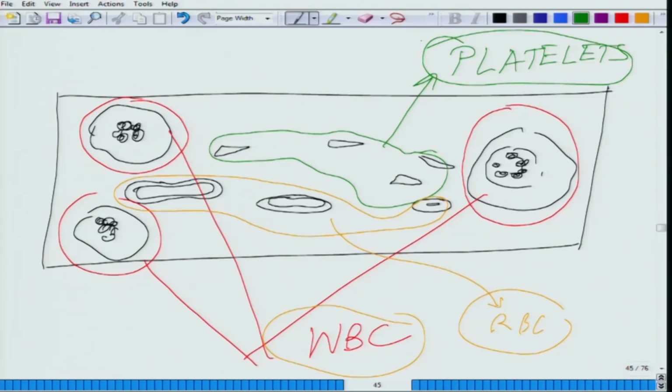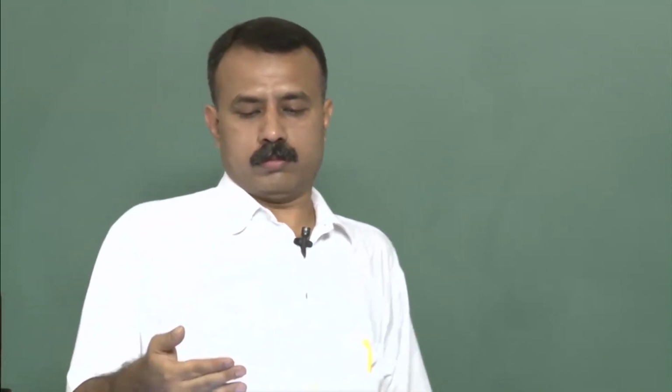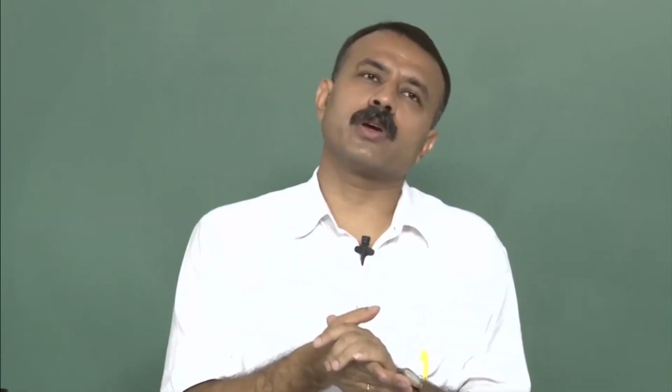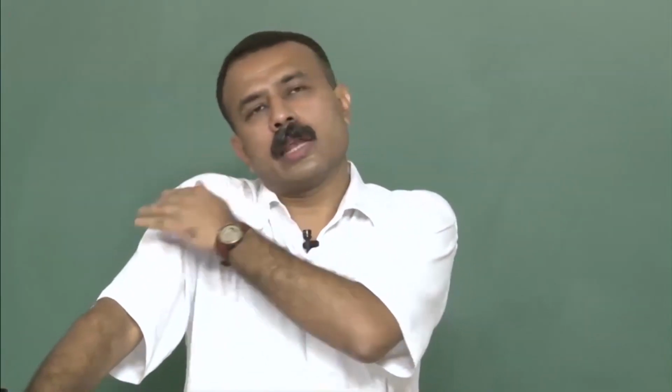Yet, these are the cellular component, but your blood is fluid, and what is the fluid component? Just imagine that in that smear, if you have a very high resolution microscope, you can see proteins. Just for the imaginary sake, you cannot really see it with the known technologies.